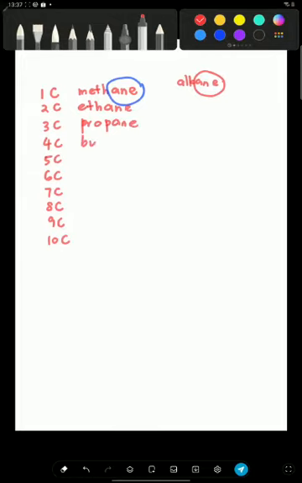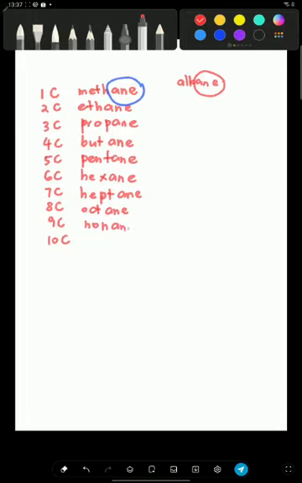Propane, butane, pentane, hexane, heptane, octane, nonane, and decane.